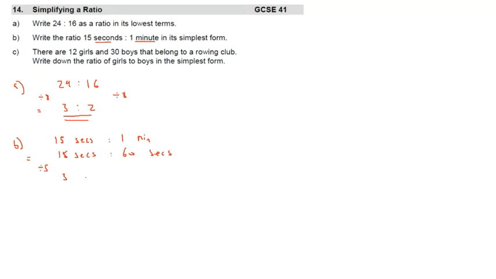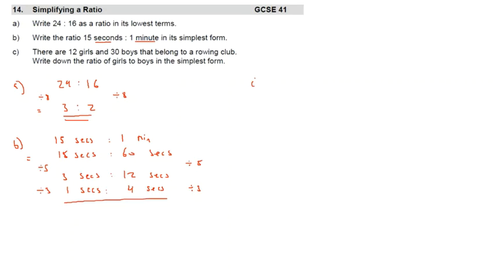So 15 by 5 is 3, and 60 by 5 is 12. And actually, 3 and 12, look, are both in the 3 times table. Divide them both by 3, couldn't I as well? 3 by 3 is 1, and 12 by 3 is 4. And the 4 is dead.